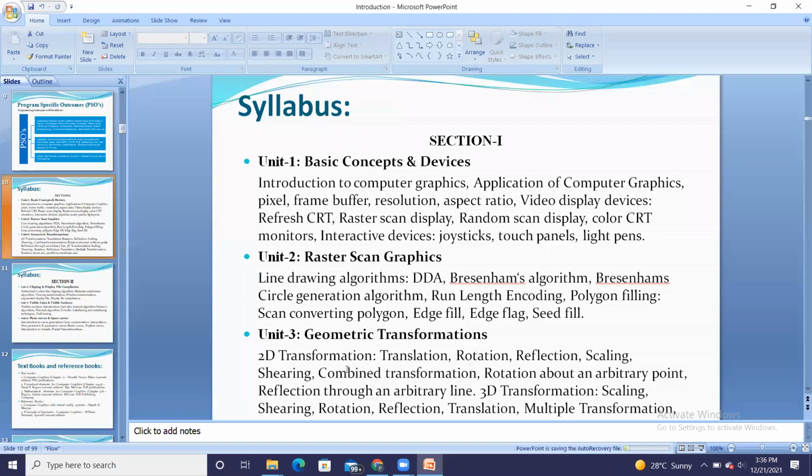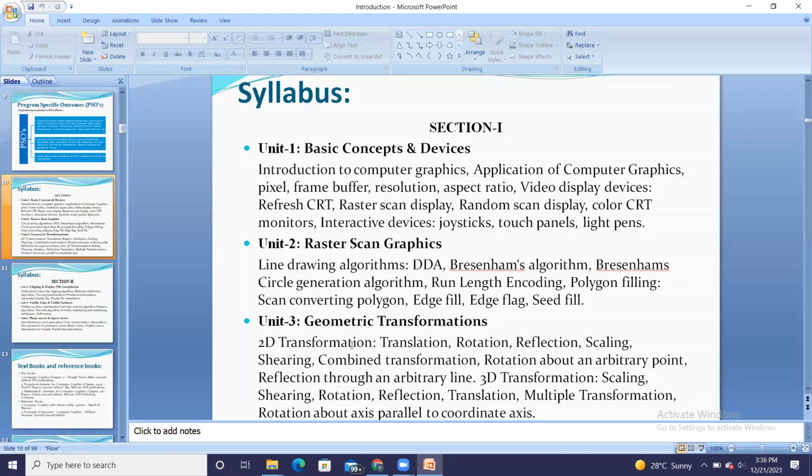All these transformations we are going to learn with 2D as well as 3D. Then some more points like rotation about arbitrary point or reflection through arbitrary line that we will study in detail with unit number 3. So unit number 3 includes the different transformations on 2-dimensional and 3-dimensional objects.